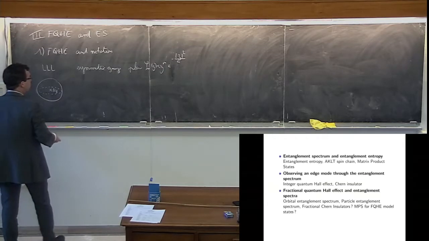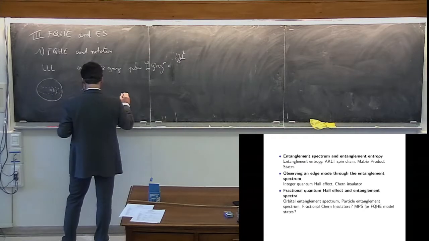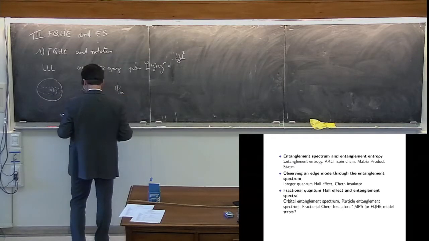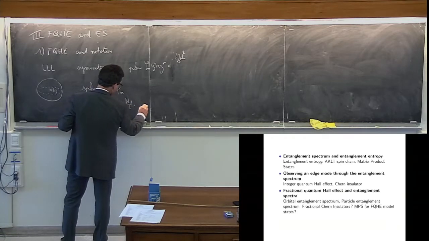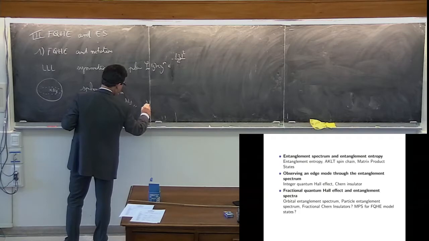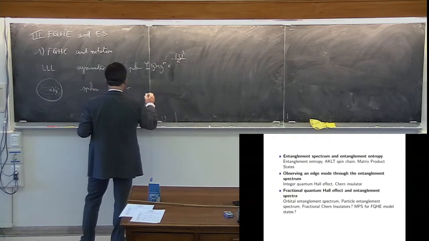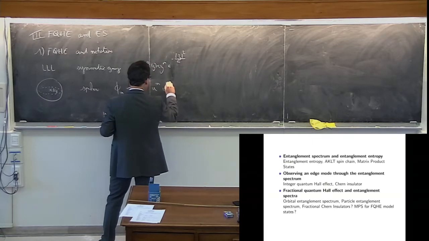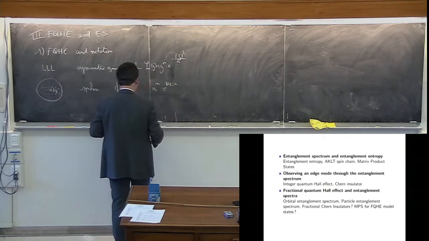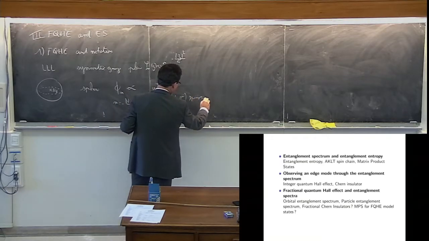And you can write down the wave function for the sphere. Just m, and it will go from minus N_phi over 2 to plus N_phi over 2. And in the lowest Landau level, it will just be, up to some constant, u to the power m, v to the power N_phi minus m, where u and v are the spinor coordinates on the sphere.